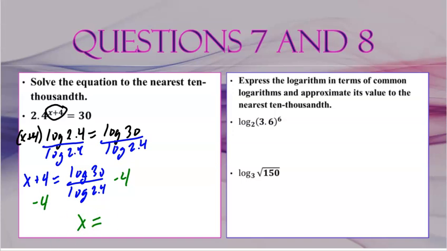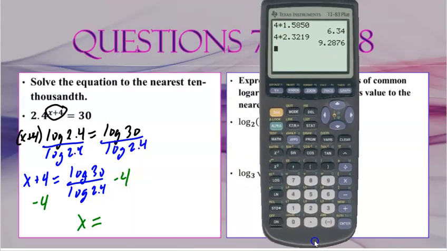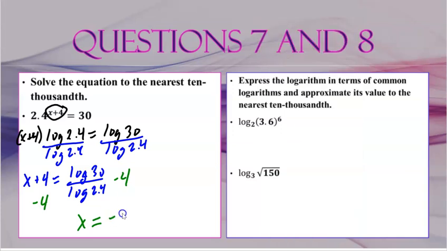So we grab our calculator here, and we have log of 30 in parentheses divided by the log of 2.4. And then from there, we're going to subtract 4 from our answer, and we get an answer of negative 0.1150.